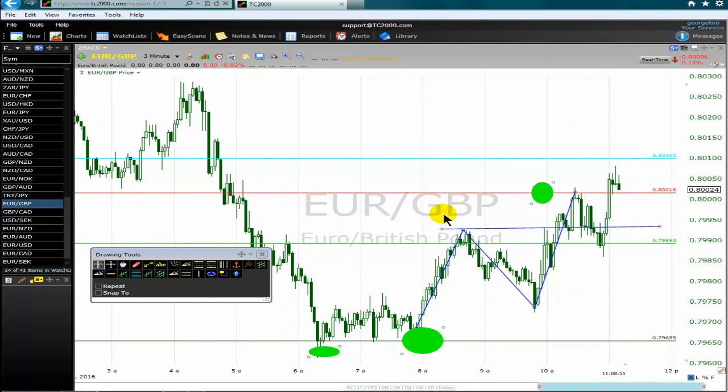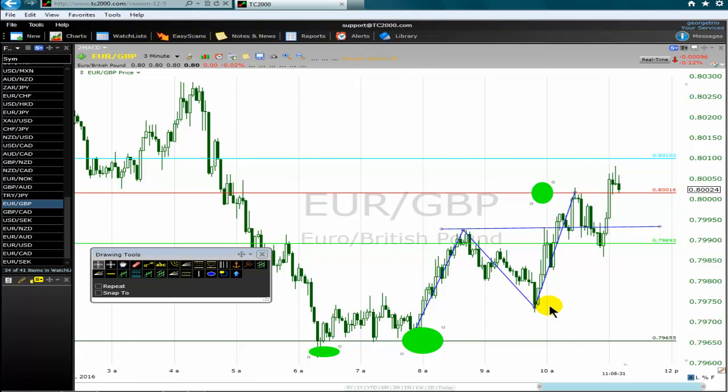Some trades I may move my stop loss, but for this trade I'm not going to move my stop loss. It's 21 pips, and that's it. The reason is that if they take me out of this trade, I'll place another trade if there is an opportunity to sell again.